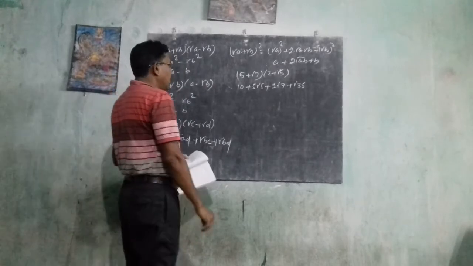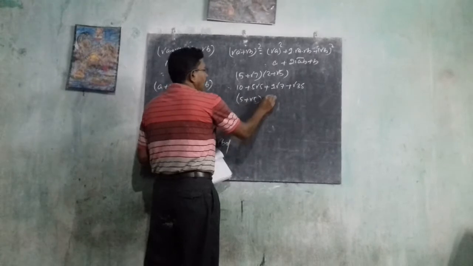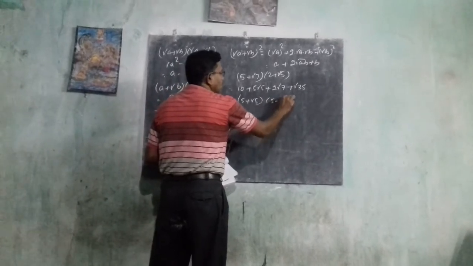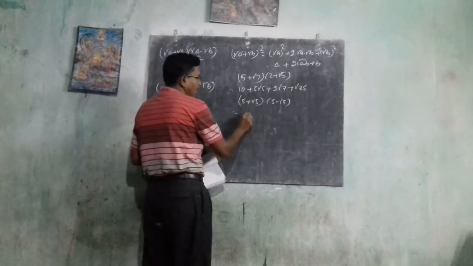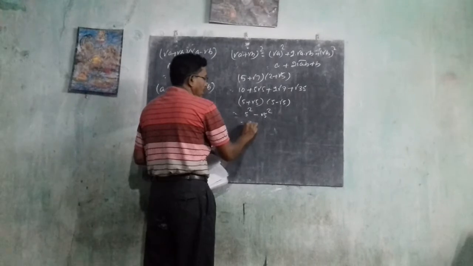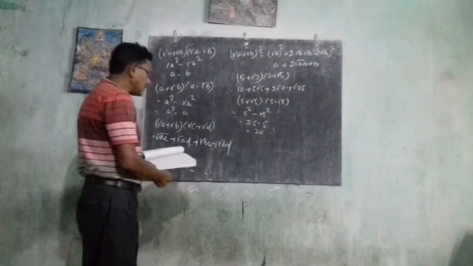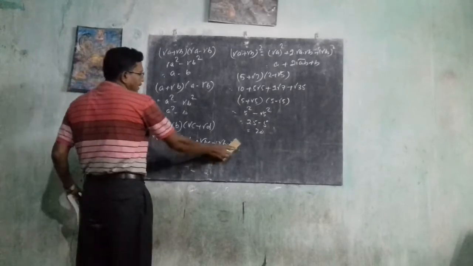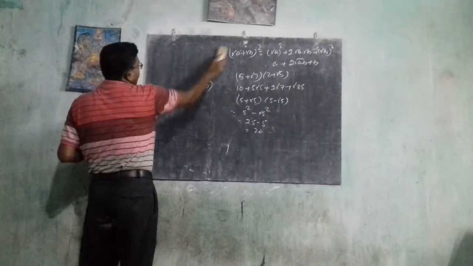Okay. Then another example: 5 plus root 5 into 5 minus root 5. Here use the identity A square minus B square. So 5 square minus root 5 square, 25 minus 5 equals 20. This type of number. Okay. Then now we rationalize the denominator.